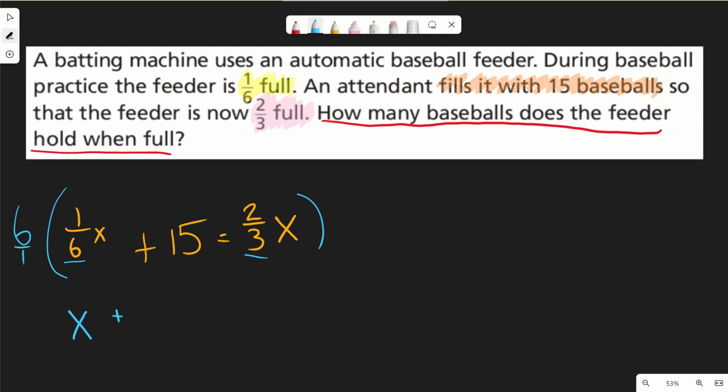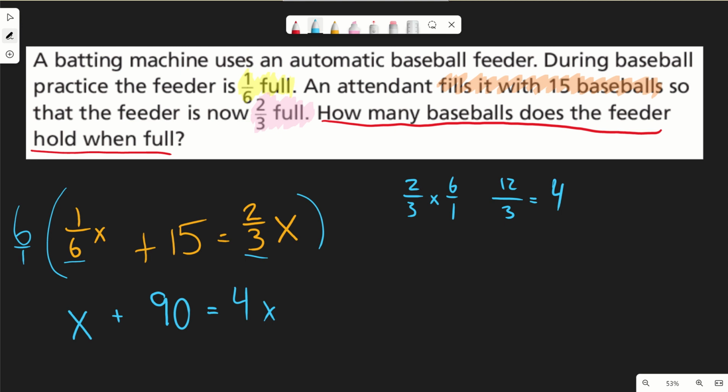Plus, 6 times 15 is going to be 90, equals 2/3 times 6 over 1. 2 times 6 is 12 over 3 times 1 is 3, which equals 4x.